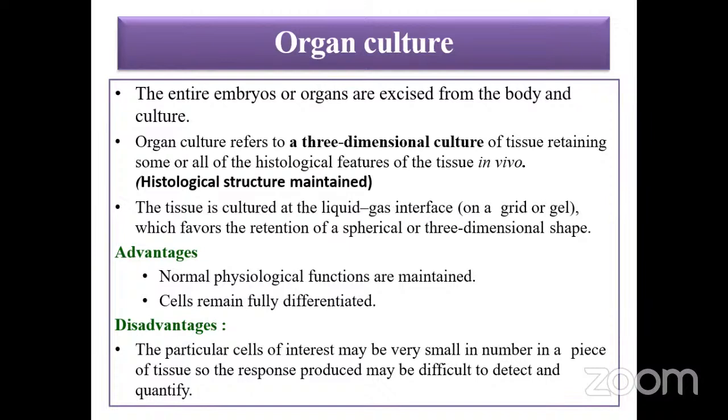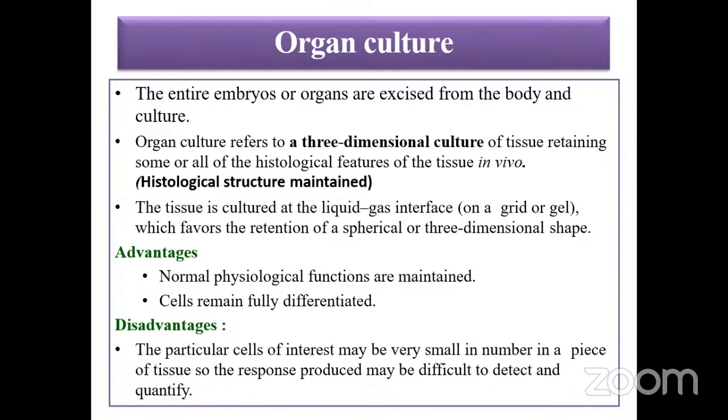The advantage is that whatever physiological functions are maintained in the body, you can see the same in the organs. Whenever you culture cells and get some result, that may not function in a similar way in the organism, because in cell culture we culture a single type of cell.